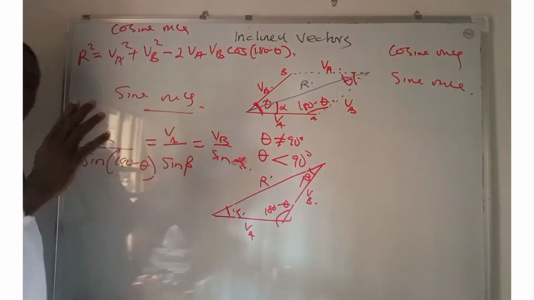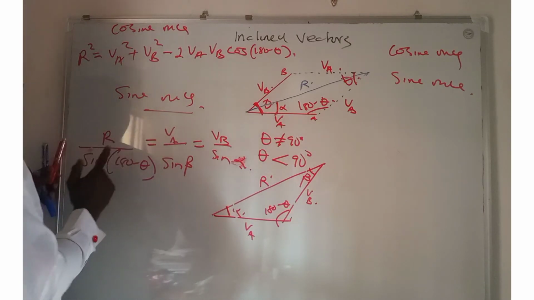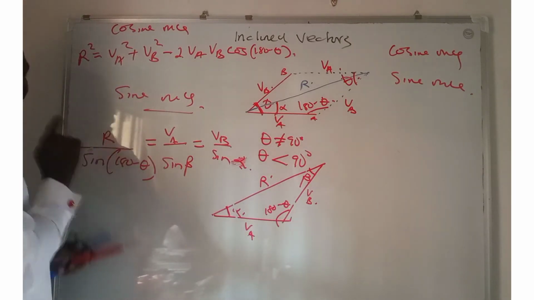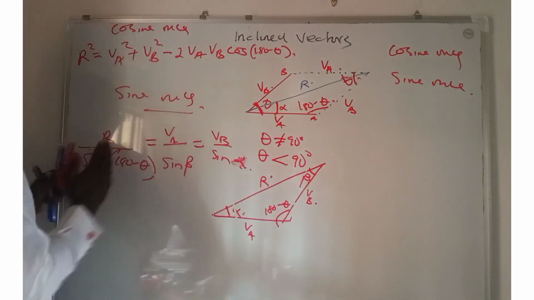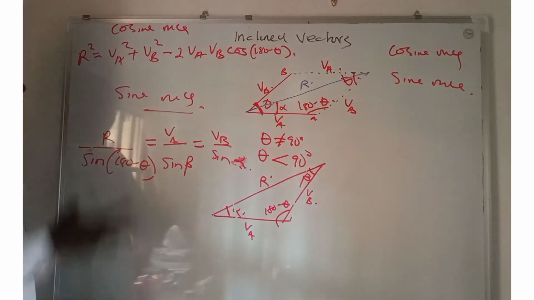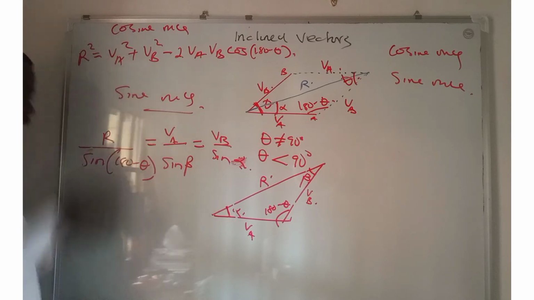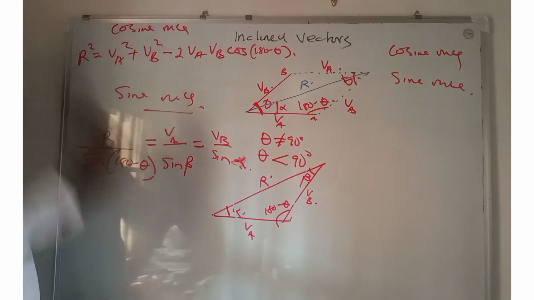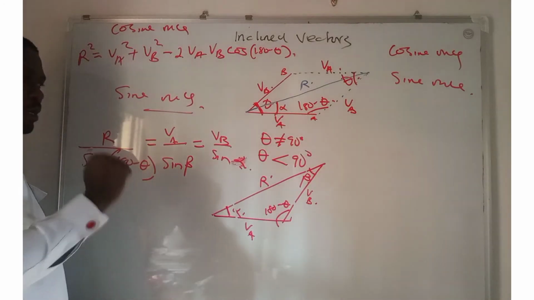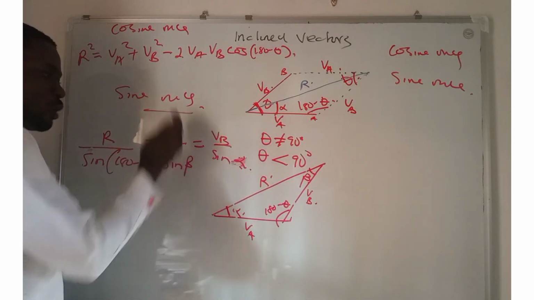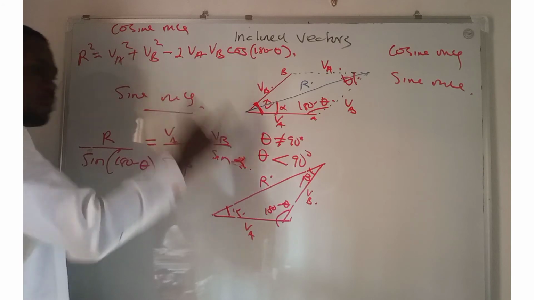But when you're solving, you either take two of these. In this case, we're interested in R. So I will either take this and this, and I will have to combine the required fraction, in this case this one, with the other fraction that is known. So I'll be looking at between these two, which one is completely given.